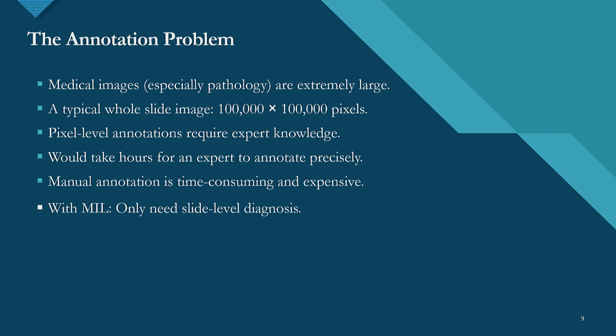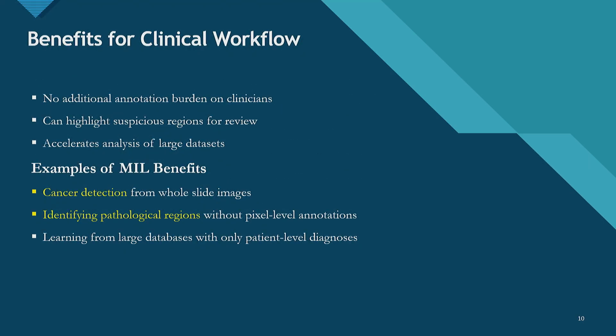Manual annotation is time consuming and expensive, and with MIL we only need slide level labeling. Based on that slide level labeling, we go into the tissue area and find the tumor area inside the tissue. How does it benefit us?